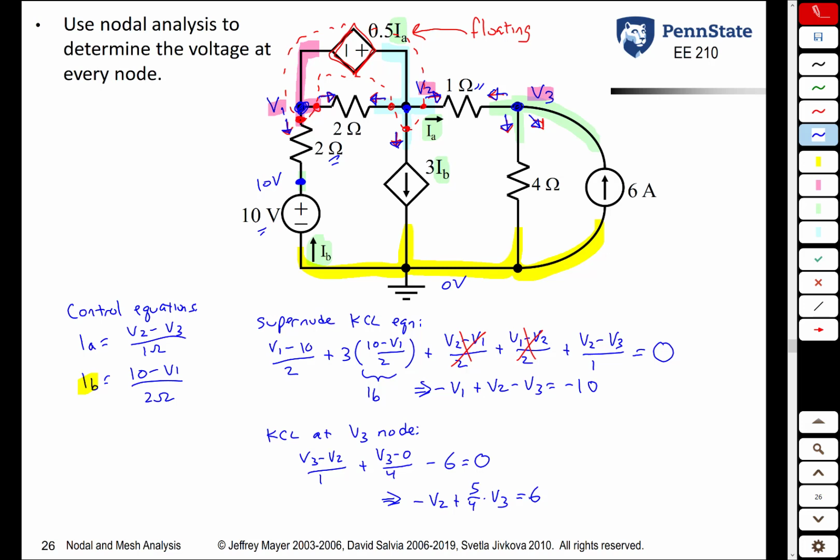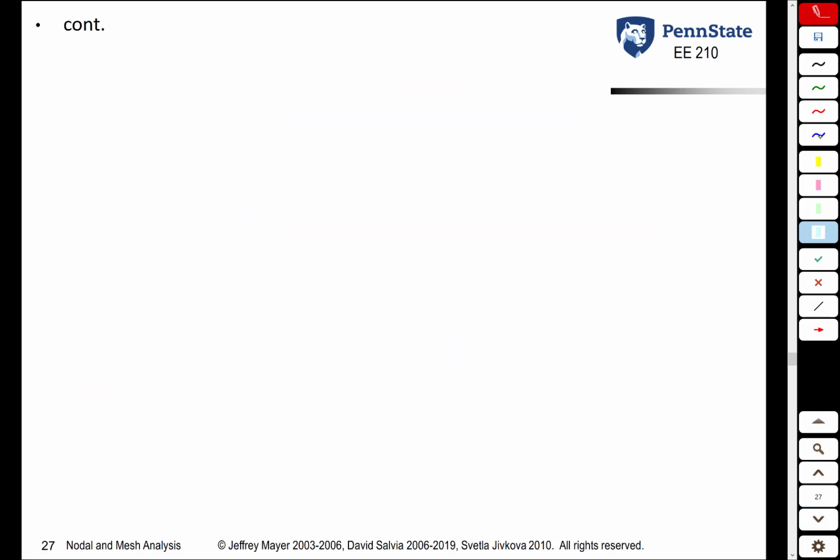The next step is we need to write our source equation. So we have this source up here. The fact it's a dependent source doesn't change the fact that it's a source equation. So what this is telling us is the node to the right, which is V2, is 0.5 IA volts greater than the node at the left, which is V1. So we end up getting from our source equation, what?